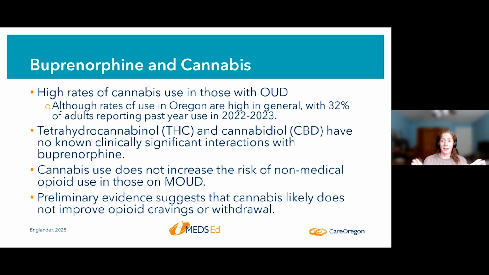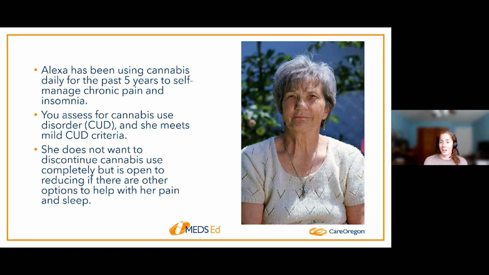It's a whole other talk about cannabis and pain that is outside the scope of our session today, but I want to highlight that it is a common thing patients will use to self-manage pain. So Alexa has been using cannabis daily for the last 5 years to self-manage her chronic pain and insomnia. You assess for cannabis use disorder, and she does meet mild cannabis use disorder criteria.